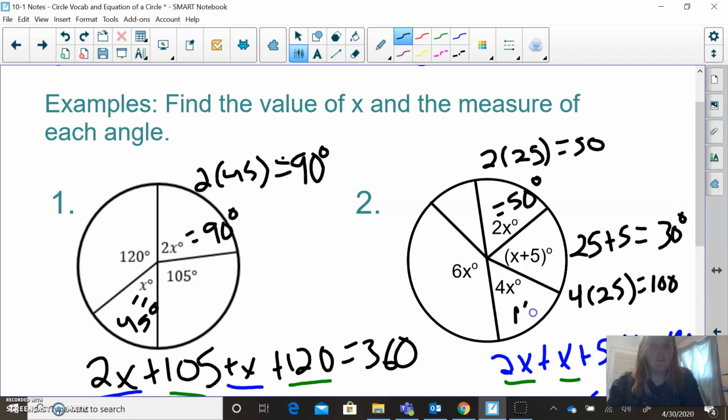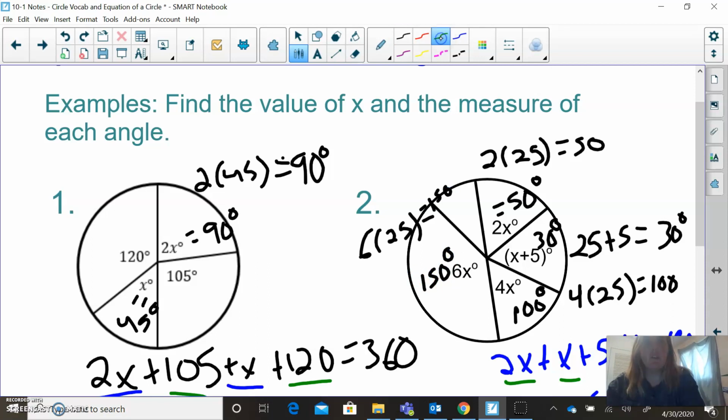So this one equals 100 degrees. Sorry, I forgot to put the 30 in. I will put the 30 in here. And then we can do 6 times 25, and 6 times 25 equals 150. So this is 150 degrees in here.